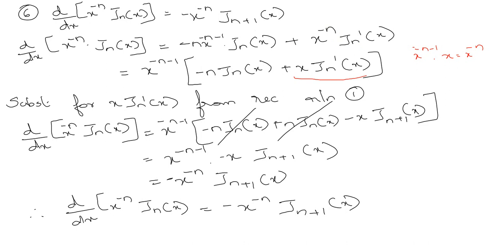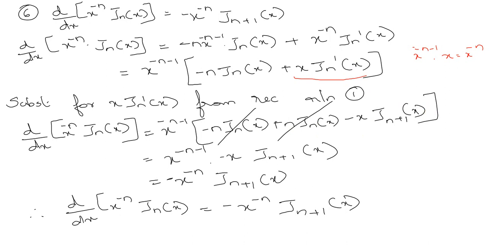From these two terms we can take x raised to minus n minus 1 common. In the first term, what is remaining is minus n into Jn of x, and in the second term what is remaining is x into Jn dash of x. And now we are going to substitute for x Jn dash of x from the recurrence relation 1, which is n Jn of x minus x into Jn plus 1 of x, written in the place of x Jn dash of x.